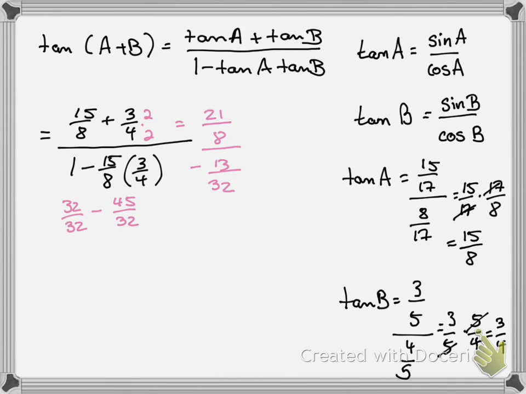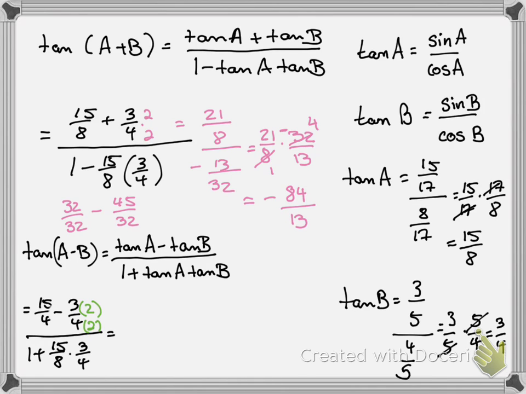In the denominator, 15 times 3 is 45, 8 times 4 is 32. Again, I have to have the same denominator, so out of that 1, I make a fraction 32 over 32. Now I subtract 32 minus 45, which is negative 13 over 32. Then I get 21 over 8 times negative 32 over 13. 8 goes into 32 4 times, and we have then negative 84 over 13 as the tangent of A plus B.